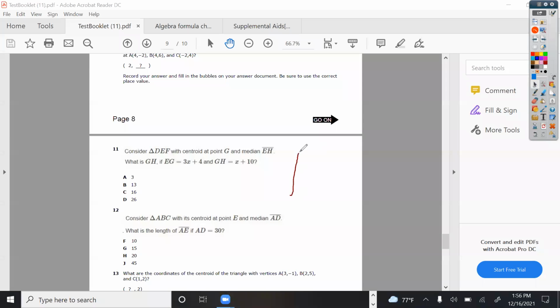So we know triangle, oops, I was trying to do the line tool. That's fine. So D, E, F.